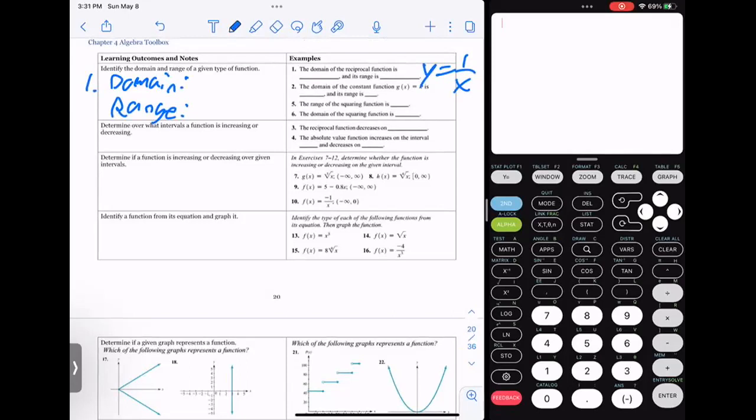Whatever. So for y equals 1 over x, what is an x value that we cannot use? 0. So I would say it's acceptable to say the domain is x not 0. Now for our range, what is a y value that we cannot get? This one's a little trickier to see.